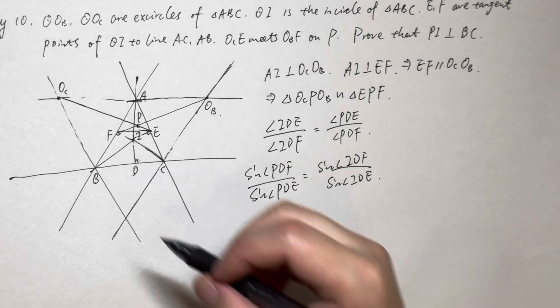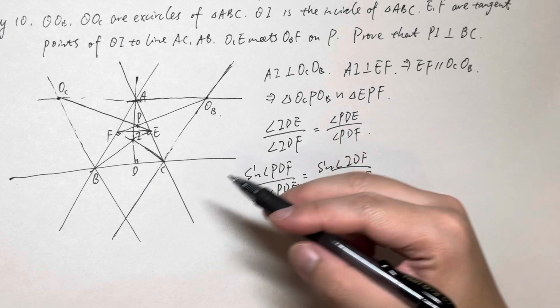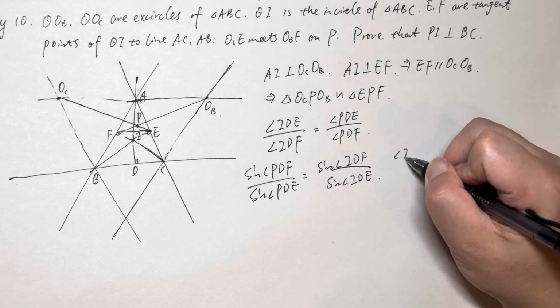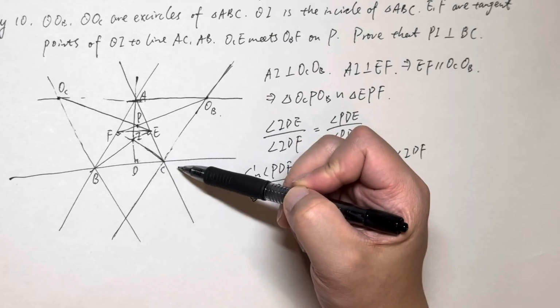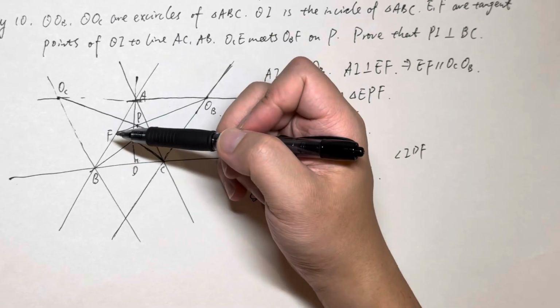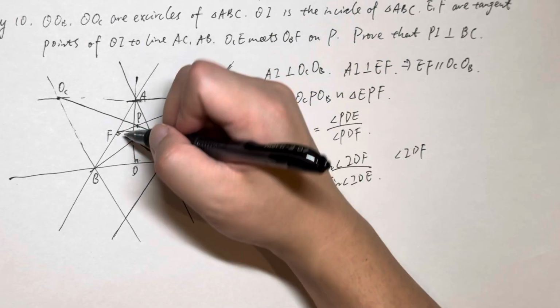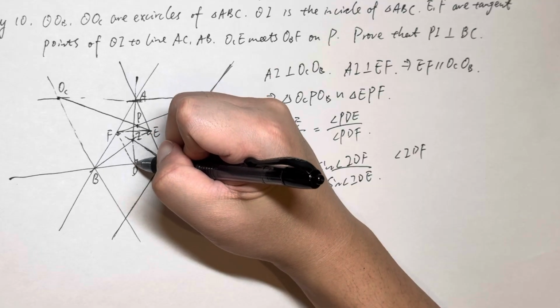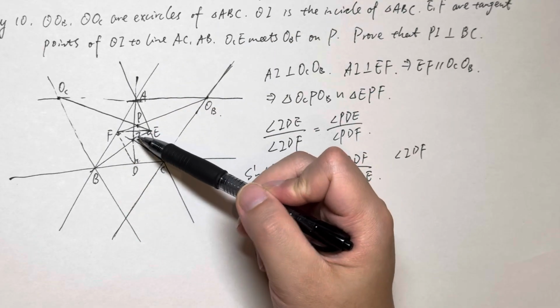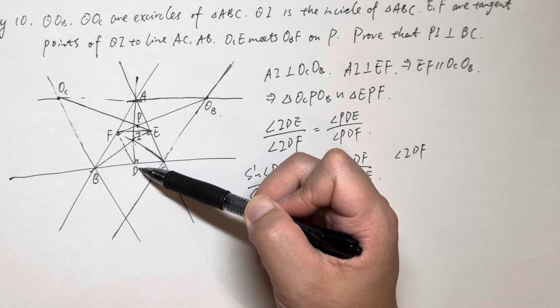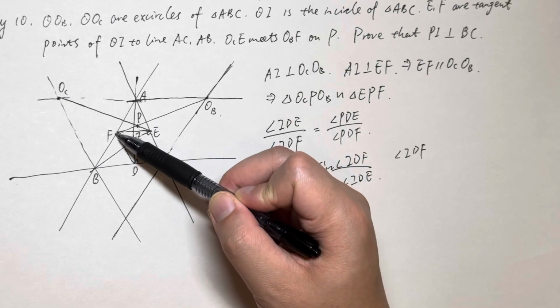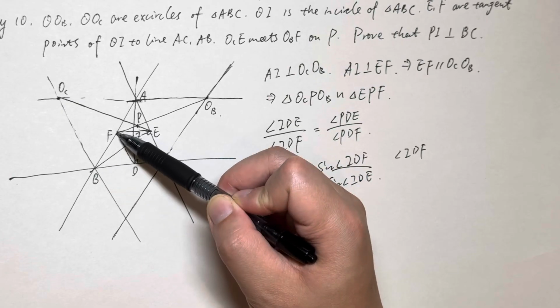right? And now look at the figure, the angle IDF. We know the angle IDF, right? Because ID is perpendicular to BC, and we know I, F, B, D are cyclic, right? So the angle IDF equals to angle IBF.